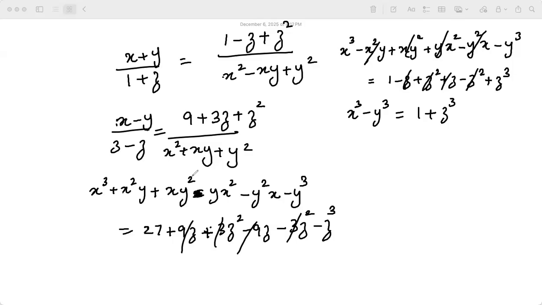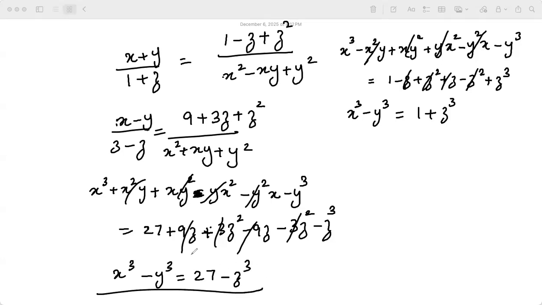I'm getting x cube minus y cube equals 27 minus z cube. So this is one I got.